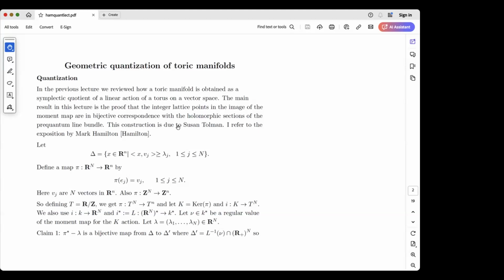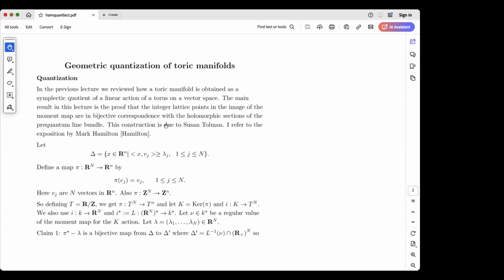This has a long-standing proof in algebraic geometry, but I will describe the symplectic proof. I will also describe a symplectic proof of Danilov's theorem, which describes the cohomology of toric manifolds. This is due to Tolman and Weissman.